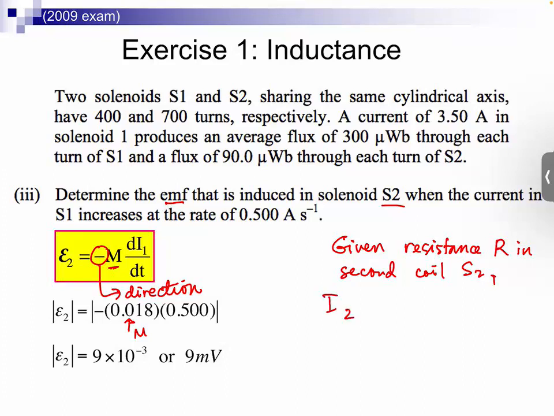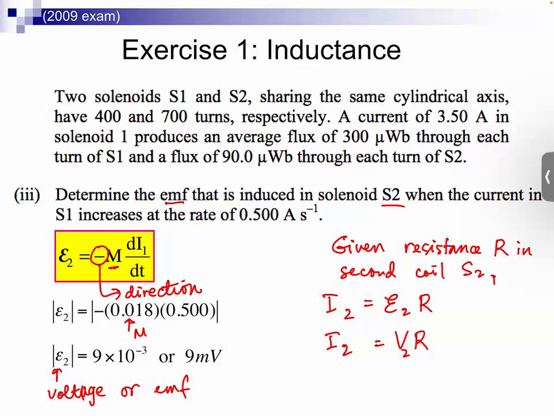The current in the second coil will then be the voltage in the second coil over the resistance. I'll just write the voltage as V. This E means voltage or EMF. So it all follows through, it's all connected to what we have been learning so far.